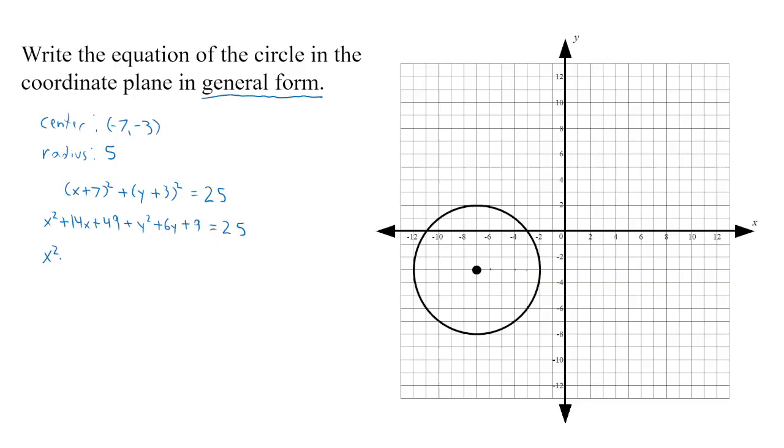We write x squared and y squared next to each other. We write 14x and 6y next to each other. We add 49 and 9. That gives you 58 equal 25. We subtract 58 from both sides.